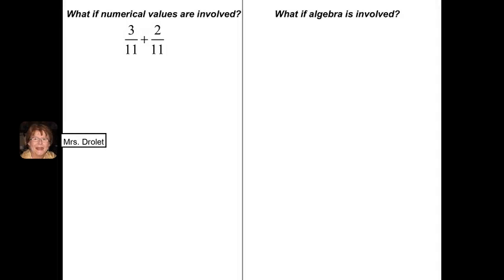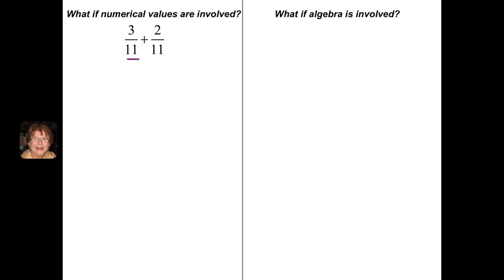Once more, I'm going to bring you down memory lane. When you were in elementary school, when you added fractions, do you remember that you had to have a common denominator before you added? Well, in this particular case, we have a common denominator. We have 3 over 11 plus 2 over 11.